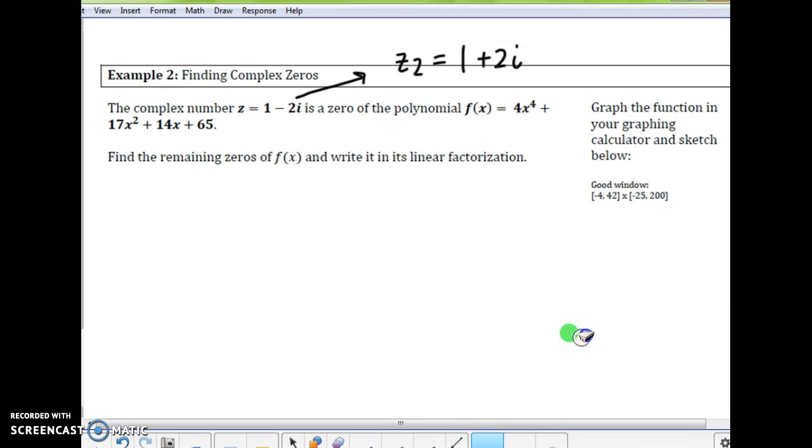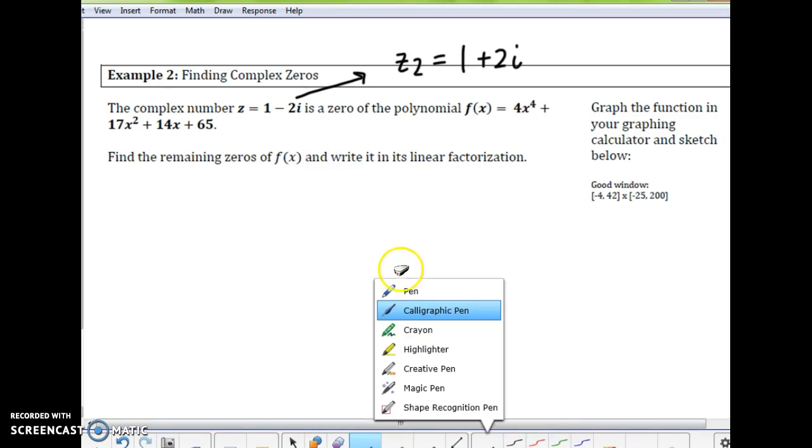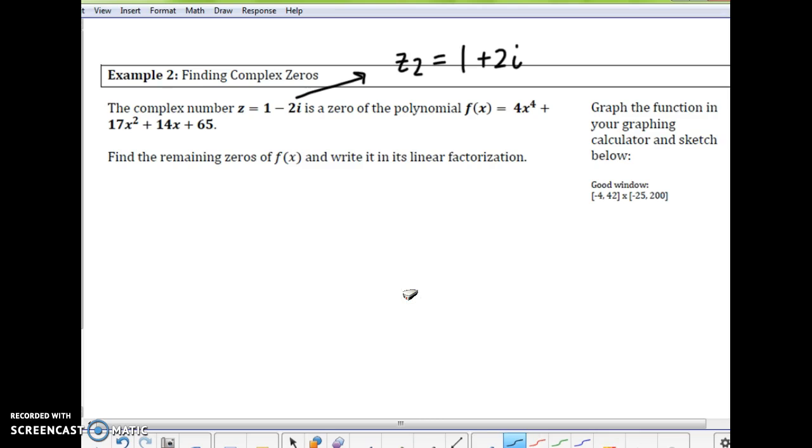One is messy and very calculator active, and the other is not so messy and not calculator active. I'm actually going to start with the not so messy part. These are two zeros. So I have one zero at x equals 1 minus 2i, and I have another one at x equals 1 plus 2i.